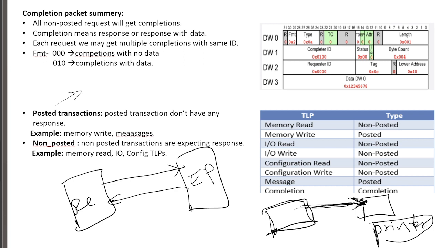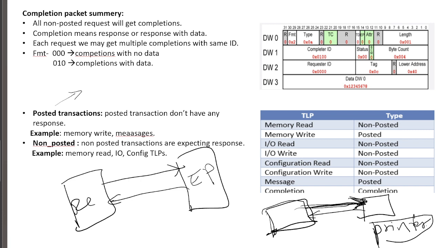You won't get any completion from the printer to your processor. So this we call posted transactions. Whenever you send data you get a printout, that's it. You won't get any information saying this data is printed.